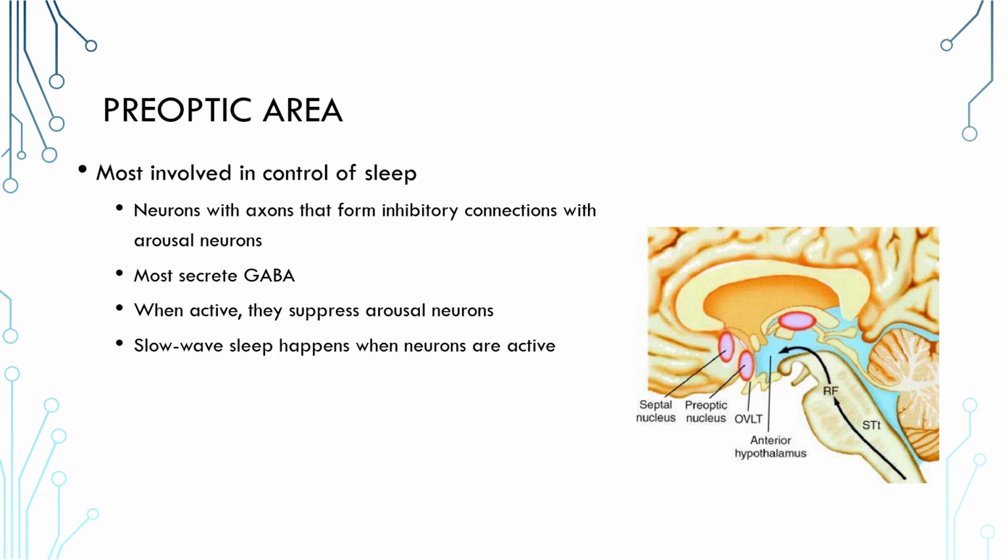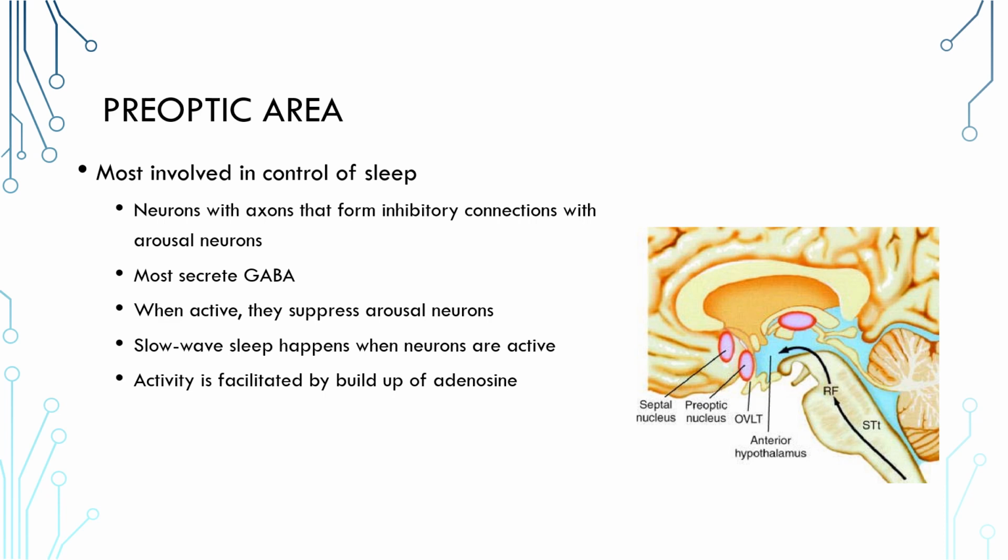Slow wave sleep happens when these neurons are particularly active, which makes a lot of sense given what we've discussed thus far in this lecture. Now, this activity is facilitated by a buildup of adenosine. Adenosine is key. Adenosine accumulates throughout the day, and the more of it we have, the more we're going to see activity of these inhibitory neurons that's going to make us tired.